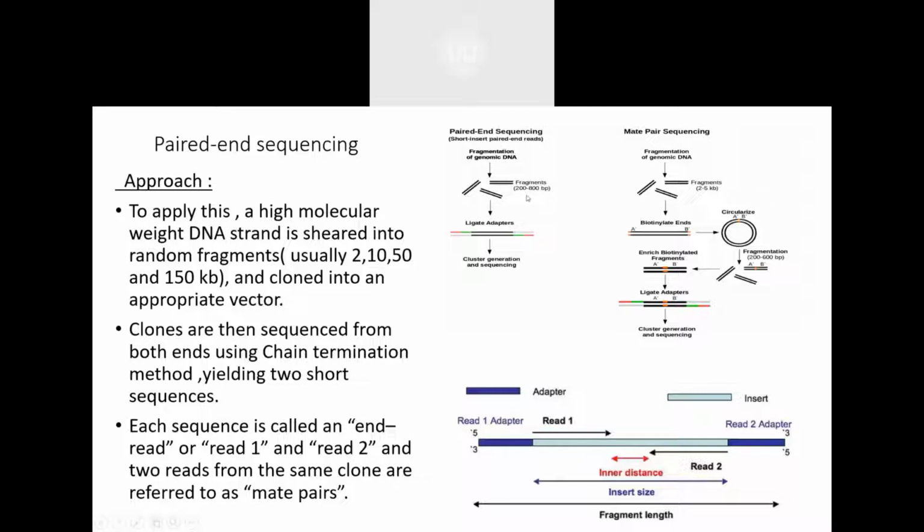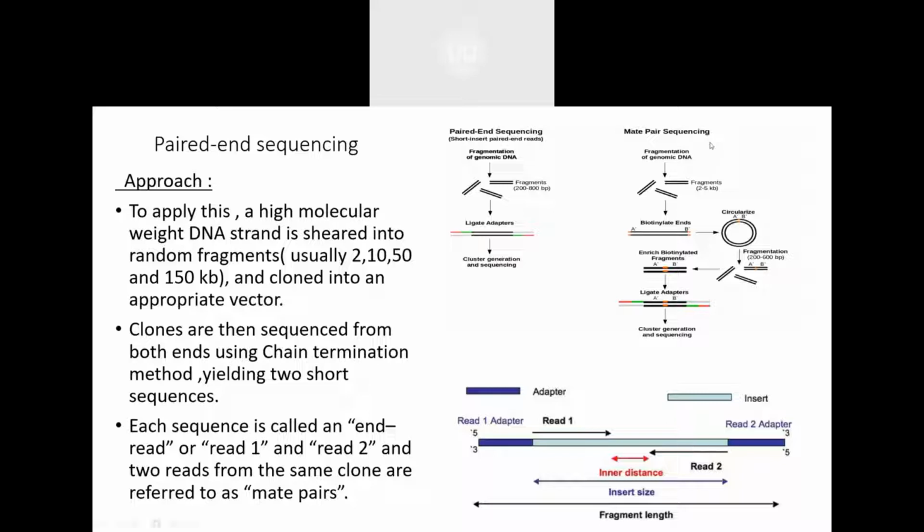We have these fragments and then we ligate adapters to these, and these adapters are meant for sequencing. And then we pool it into a particular apparatus that is used for sequencing. We have cluster generation there, and further we go for sequencing.